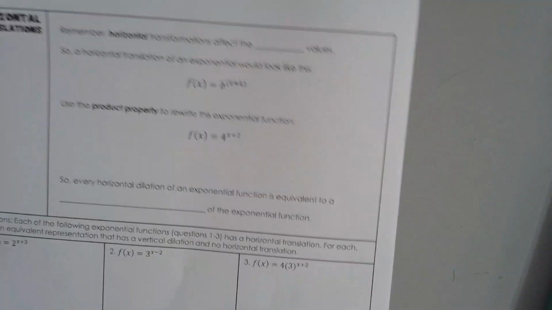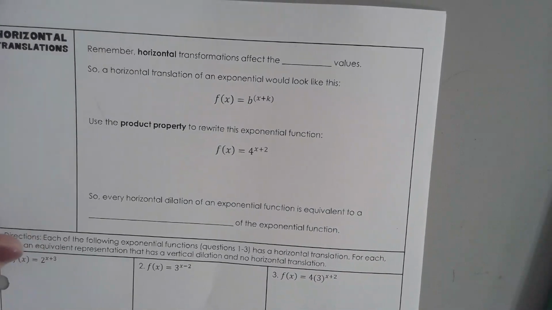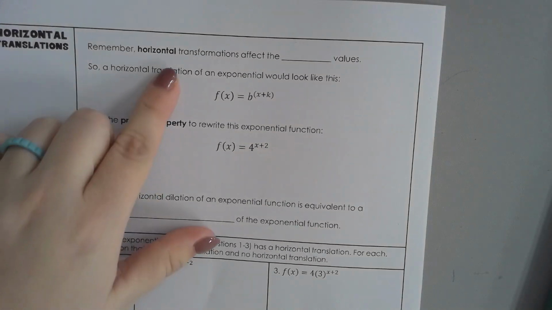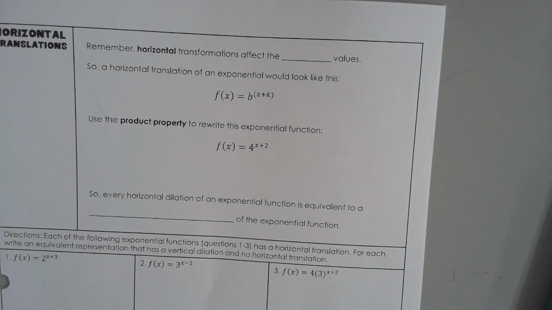So the cool thing, I don't know, you probably won't think it's cool, is because of our exponent rules, when we're talking about these exponential things, we can rewrite things using our exponent rules. And so our transformations kind of act a little weird.